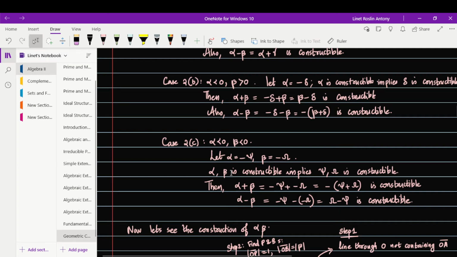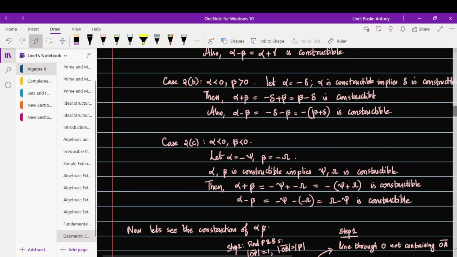So alpha plus beta is equal to minus psi plus minus omega, which is equal to minus of psi plus omega, and that is constructible. Similarly, alpha minus beta is equal to minus psi minus minus omega, which is equal to omega minus psi, and that is also constructible from case 1.